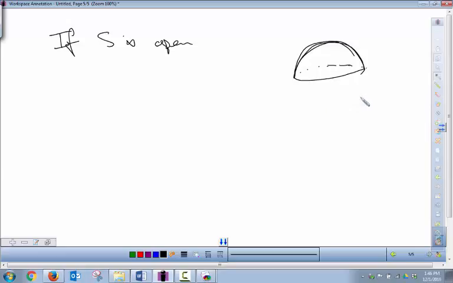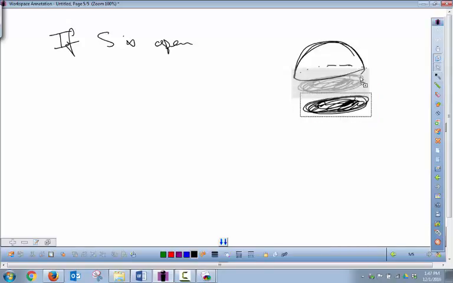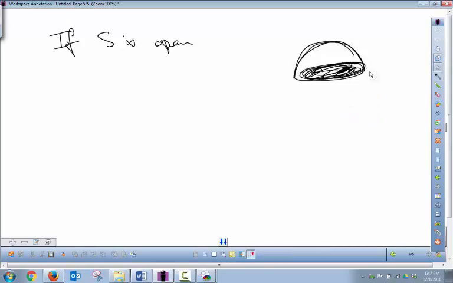What you can do is that if you feel like the divergence theorem would be helpful, you can cap this off with a cover. Right? So even if it's an open surface, you can close this with a cover, and then you can use the divergence theorem.